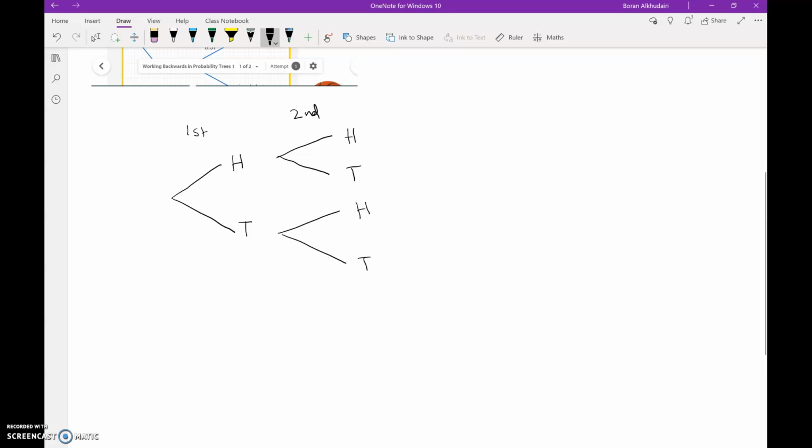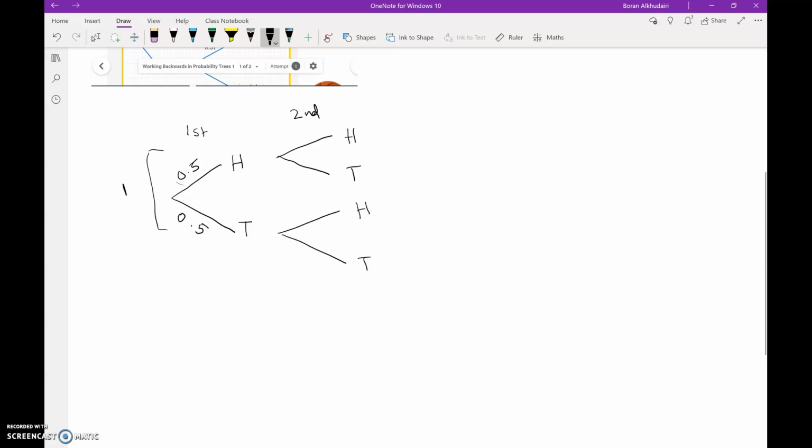So in this case, I have a 50-50 chance of getting either heads or tails, so 0.5 chance, 0.5 chance. Each section or branch has to add up to 1. So if I'm given one probability, I can figure out the other because I can just do the leftover, or 1 minus whatever that is.